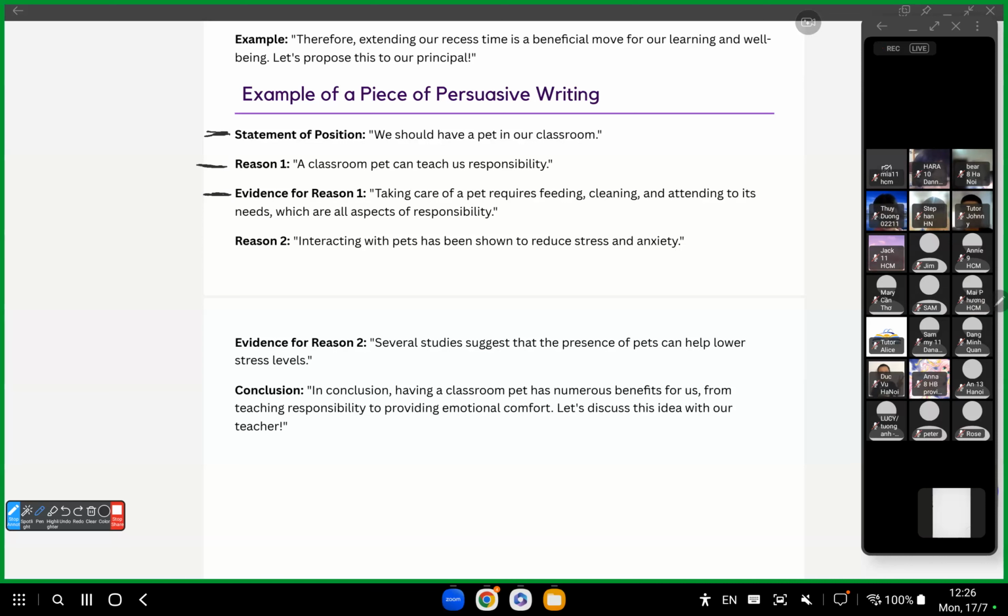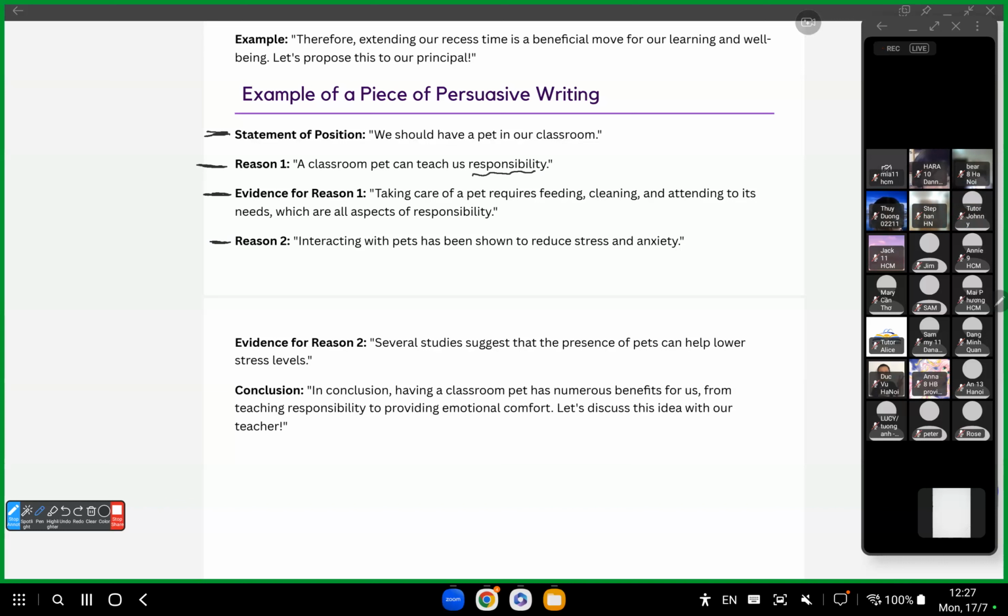So taking care of a pet requires feeding, cleaning, and attending to its needs, which are all aspects of responsibility. So we're further mentioning the responsibility in our evidence and telling the teacher exactly what we'd be learning that is a part of responsibility. We include another reason as well, sometimes.